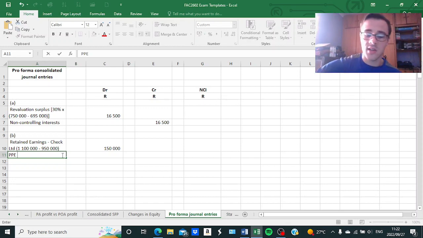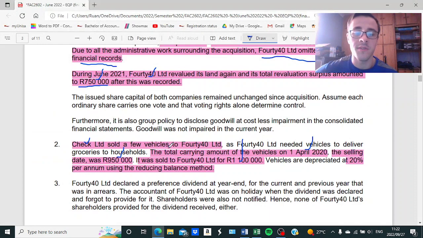In this case, it was 4040 Limited, because remember that they would have included the profit of 150,000 as part of the vehicle's cost.